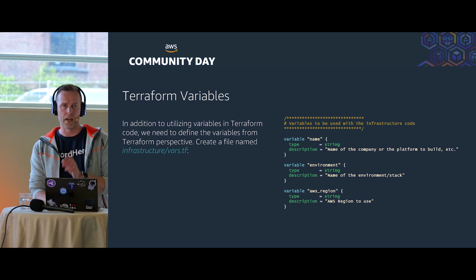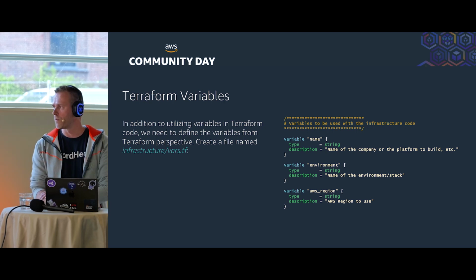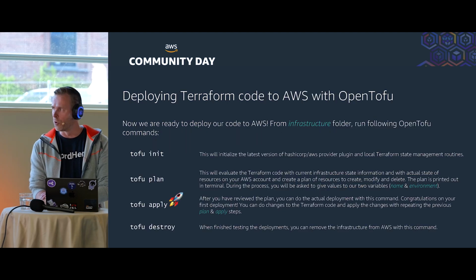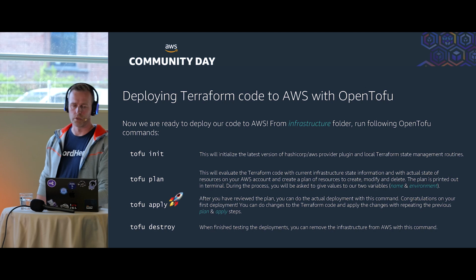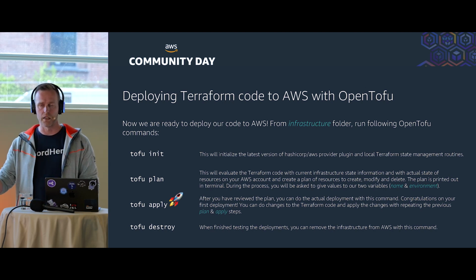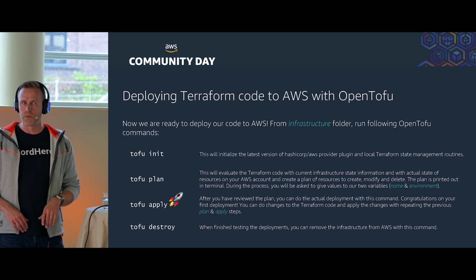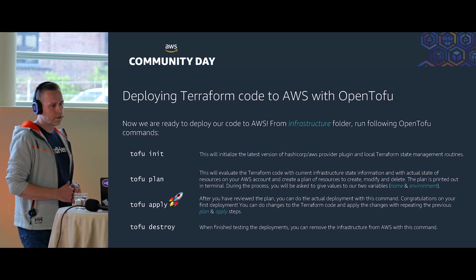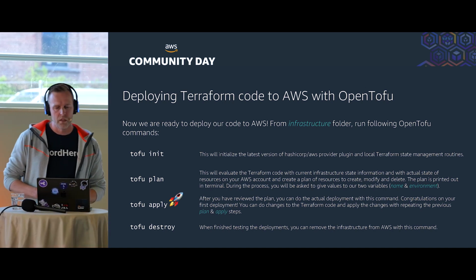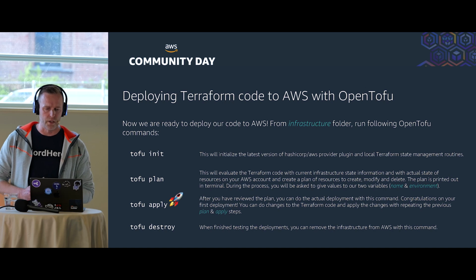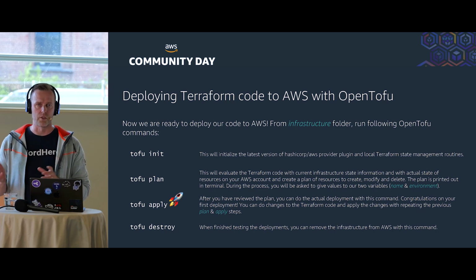And when I have this code, it's fairly easy to put that code into live, so deploy it to AWS. So basically, if using OpenTofu, I just call tofu init, which initializes the AWS provider plugin and the Terraform state.